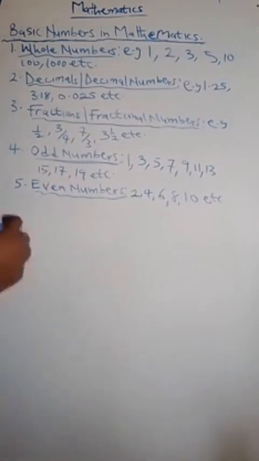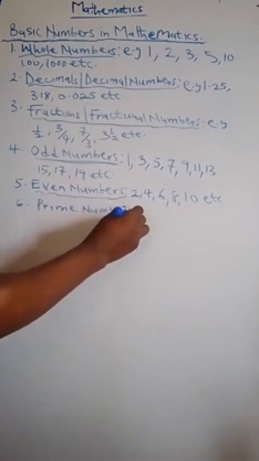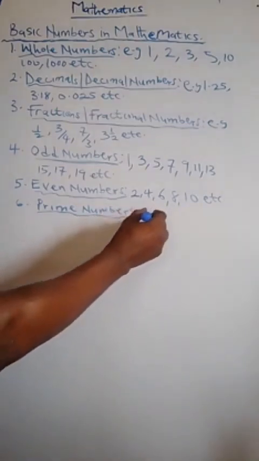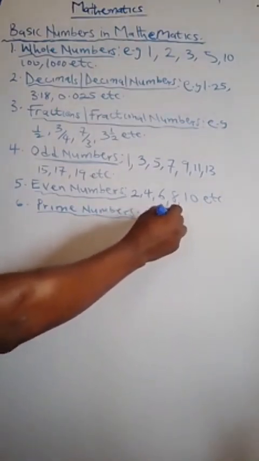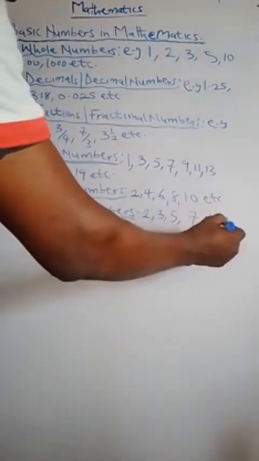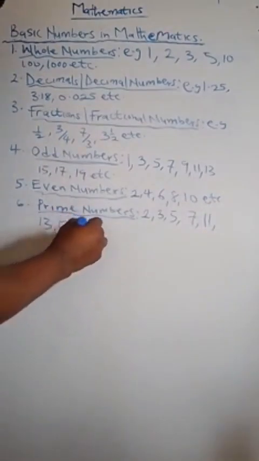In mathematics, we also have prime numbers. A prime number is a number that has 2 factors. It can be divisible by 1 and by itself. E.g., you have 2, 3, 5, 7, 11, 13, 17, 19, and many more.